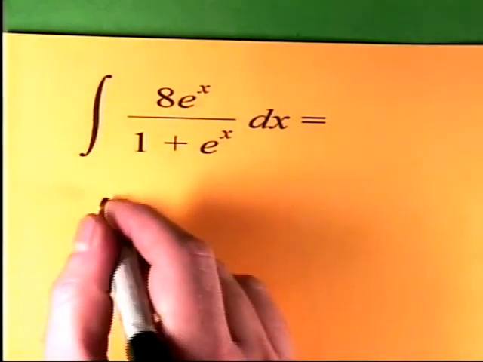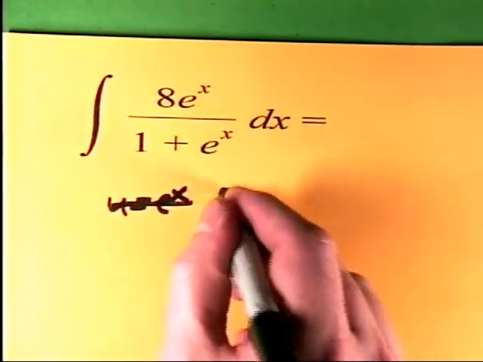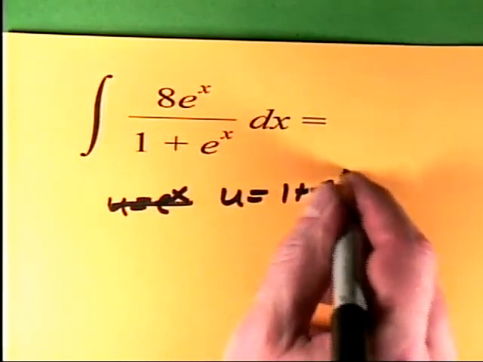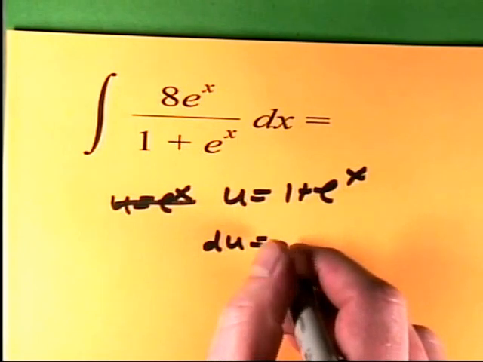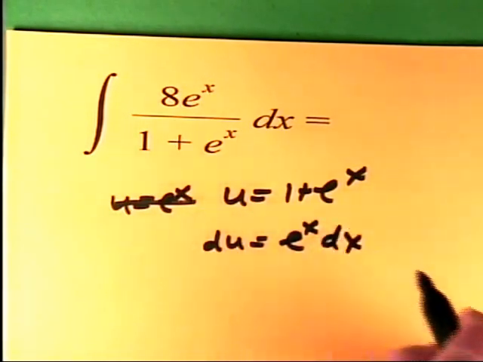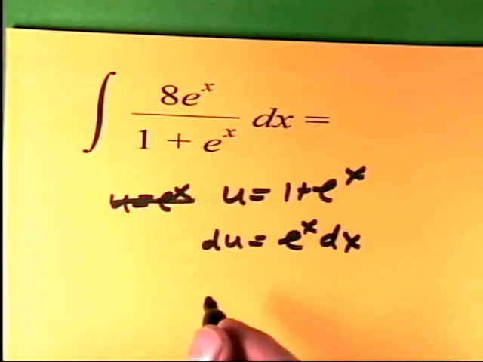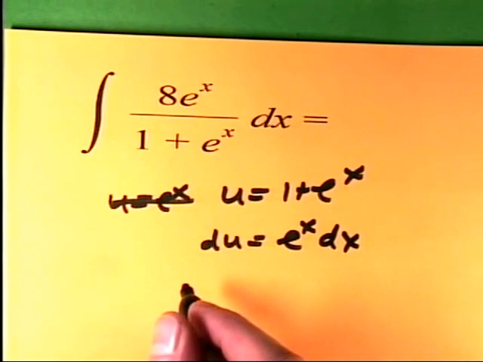Okay, you want u to equal e to the x? Let's try that. No, 1 plus e to the x. Yeah, 1 plus e to the x. Okay, all right, and then du equals e to the x dx.